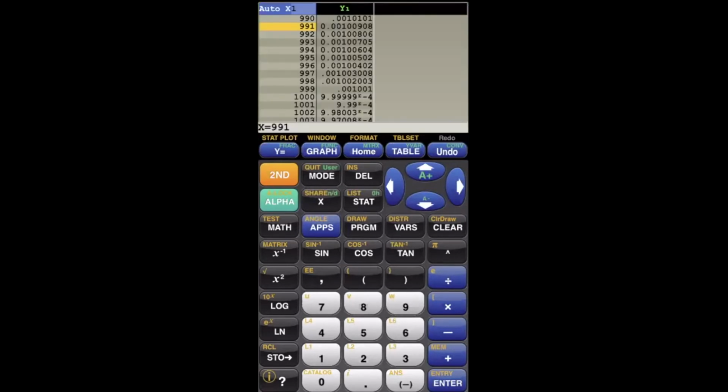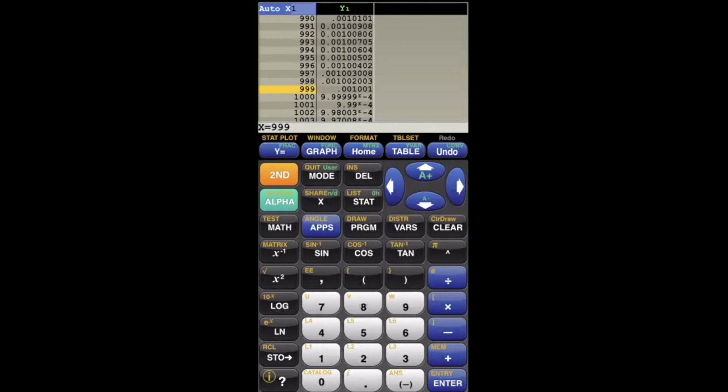Okay, so look at that. When n is 999, n over n squared plus 1 is just a little bit more than 0.001. And when n is 1,000, it's just a little bit less than 0.001.